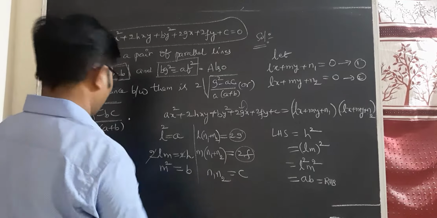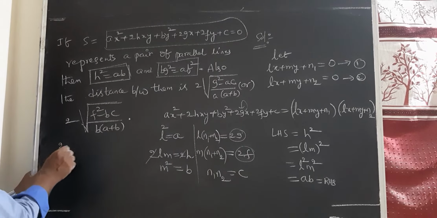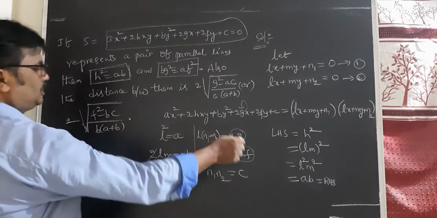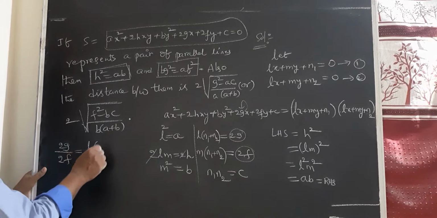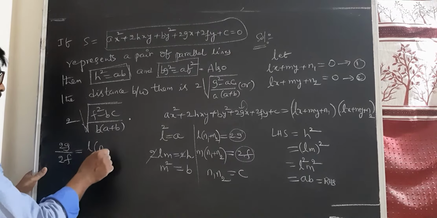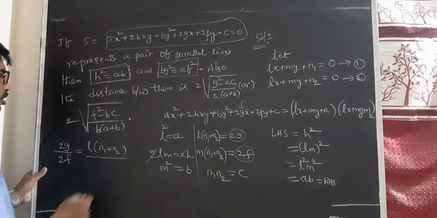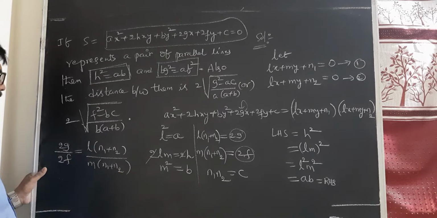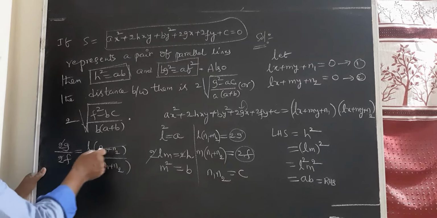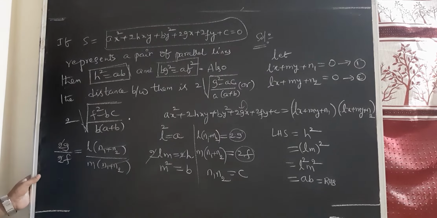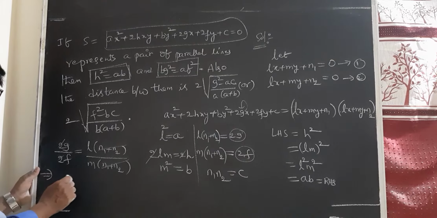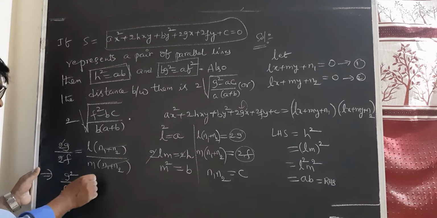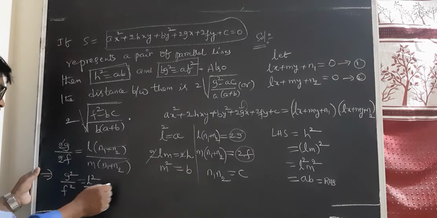Now students, here this is the 2g, this is the 2f. The second proof we can write as 2g by 2f, that is l into n1 plus n2 whole by m into n1 plus n2. Dear students, 2 is cancelled, n1 plus n2 is cancelled. Now squaring on both sides, g square by f square equal to l square by m square. Is it clear students?